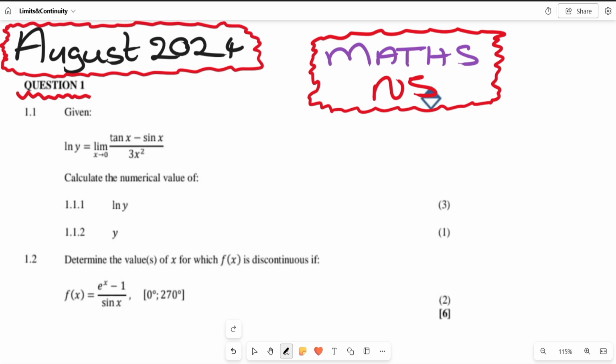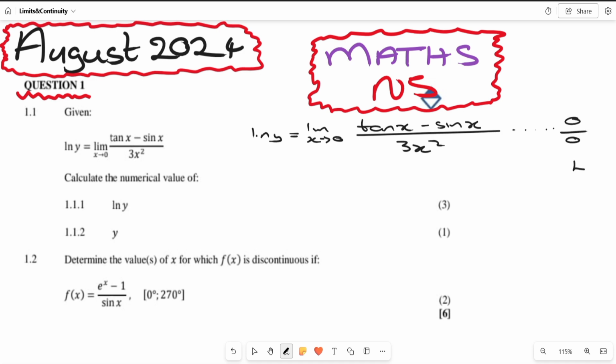So the indeterminate form of the limit, as x approaches 0, of tan x minus sine x over 3x squared, is 0 over 0.